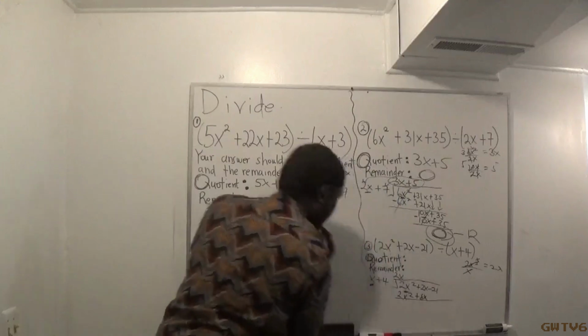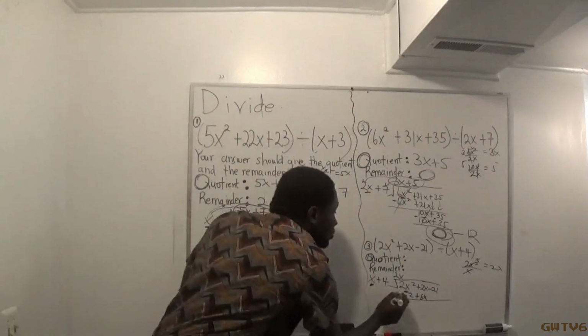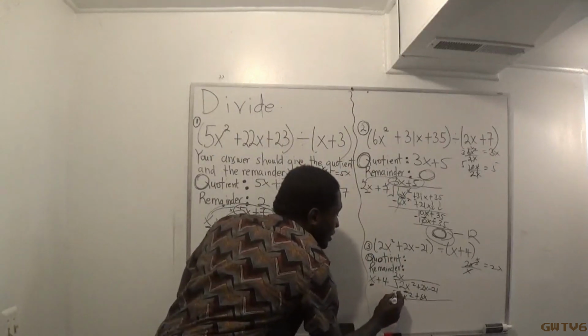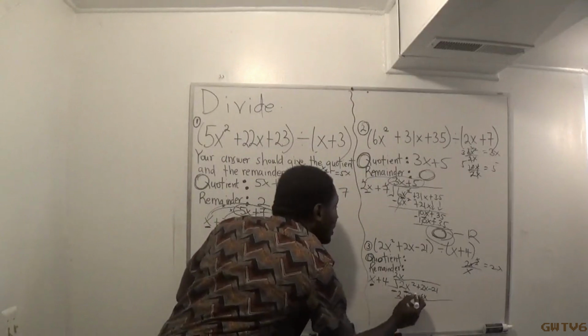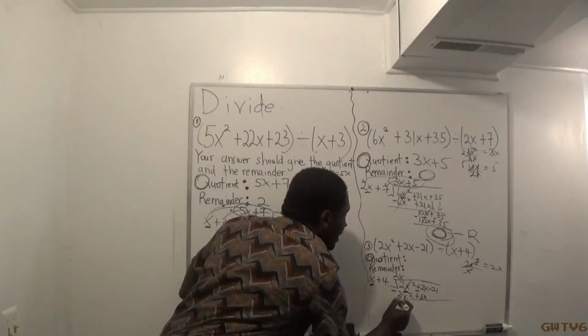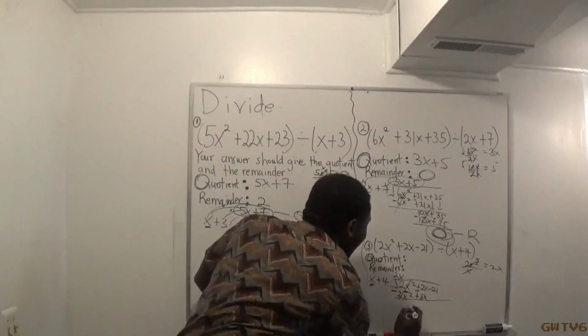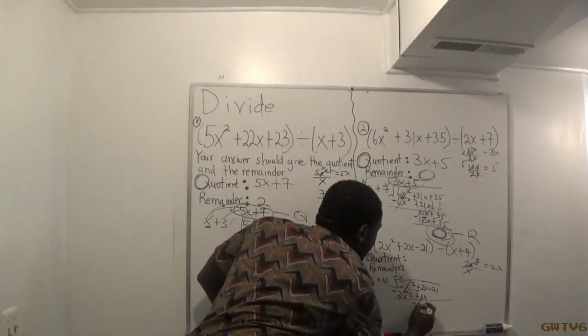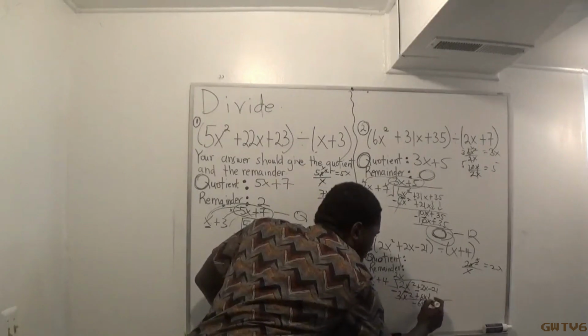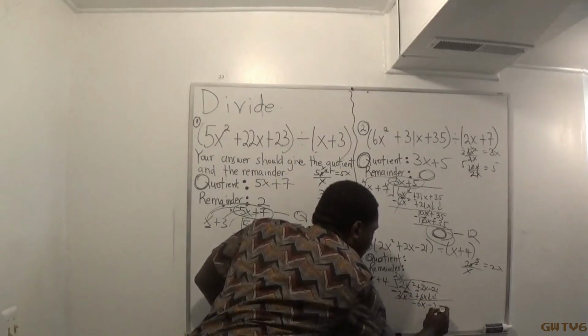I do that, and I always want the first one to cancel. So in this case, I'm going to have to minus, and whatever I do here, I do the same thing right here. This will cancel out. So now I have 2 minus 8, which is a negative 6x. And then I bring this down, minus 21.